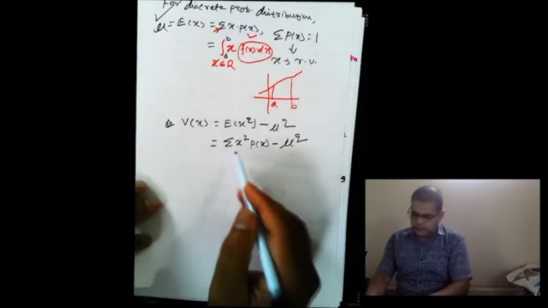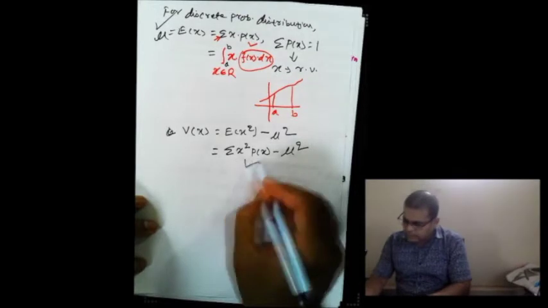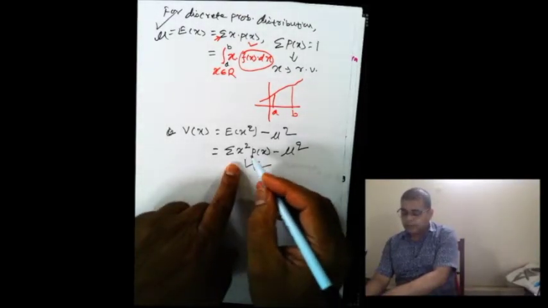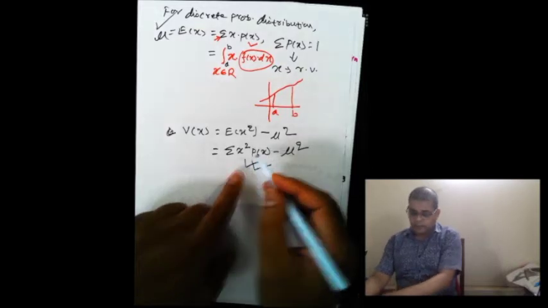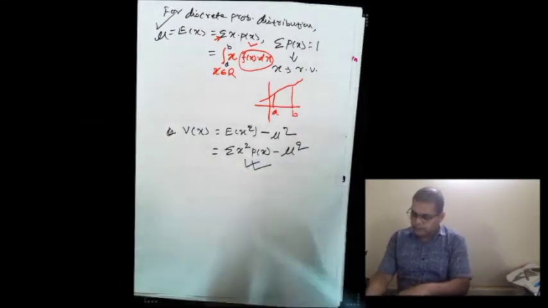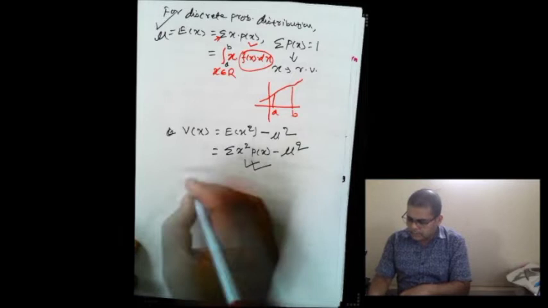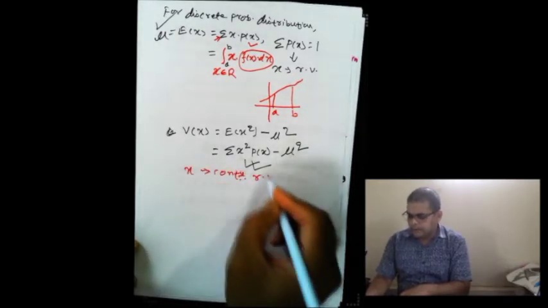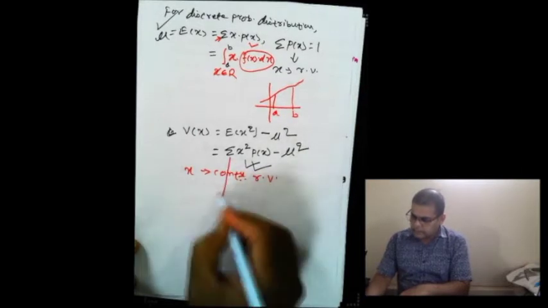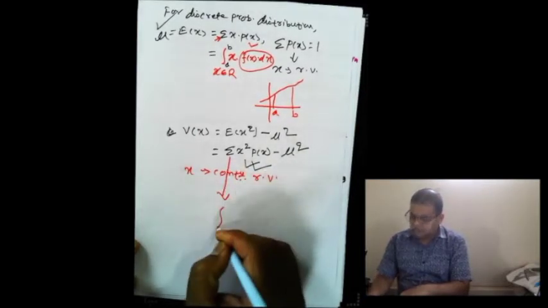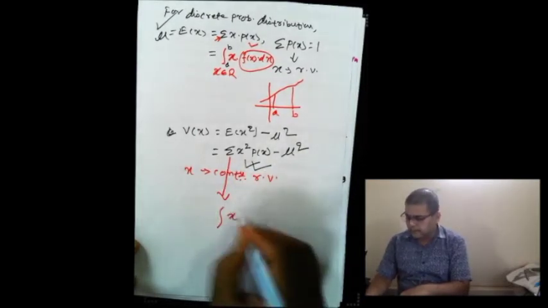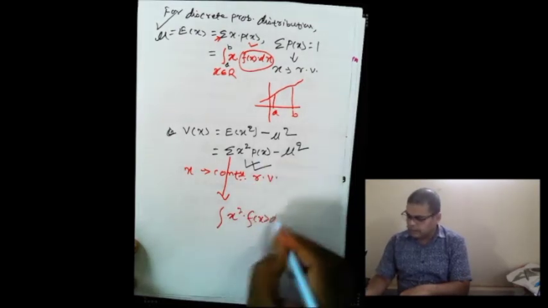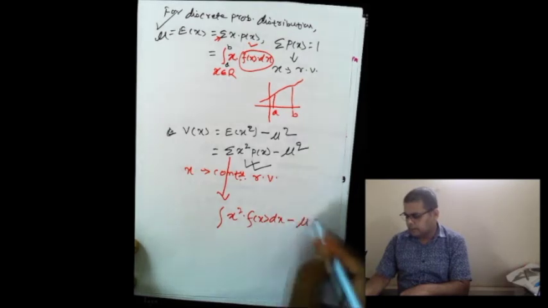As we have learned for the discrete probability distribution, now we are learning the continuous probability distribution. Therefore, if we suppose x is a continuous random variable, then this summation becomes the sign of integration, then x square, and p(x) becomes f(x) dx, and then mu square remains.